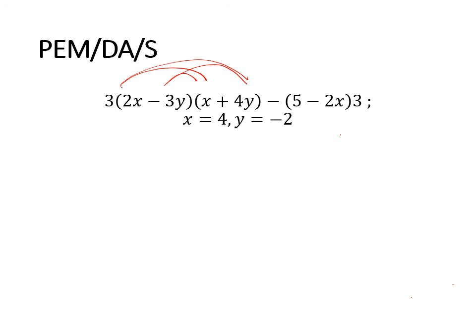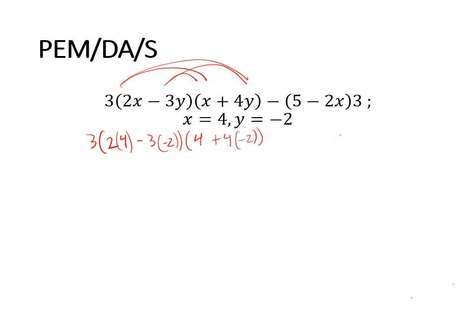So if we write these simplified out, we'd have 3 times (2 times 4, right? x is 4, minus 3 times y is negative 2), and then we'd multiply that by (x is 4 plus 4 times y, and y is negative 2).